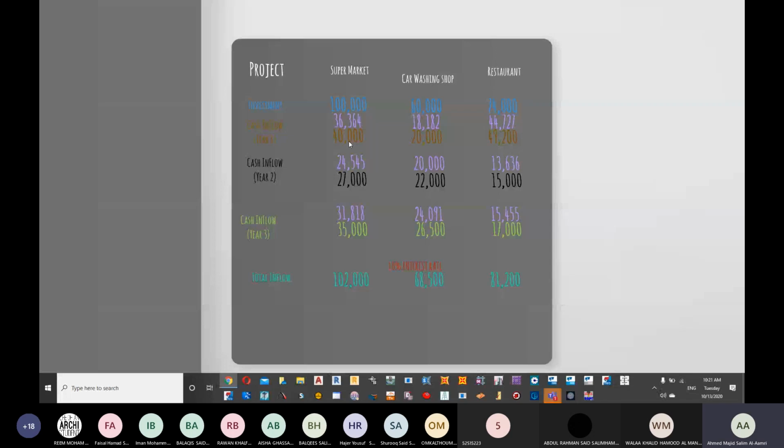Now I want to see how much present value this 40,000 has. It means if I have 36,364 today with a 10% profit rate, after 1 year it will become 40,000.